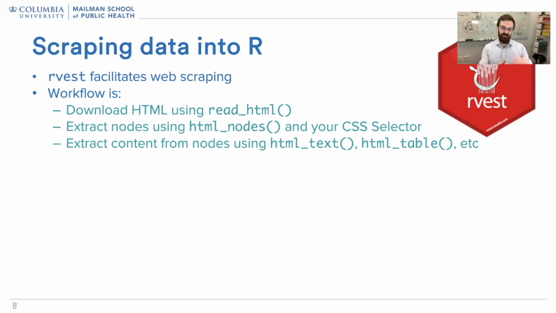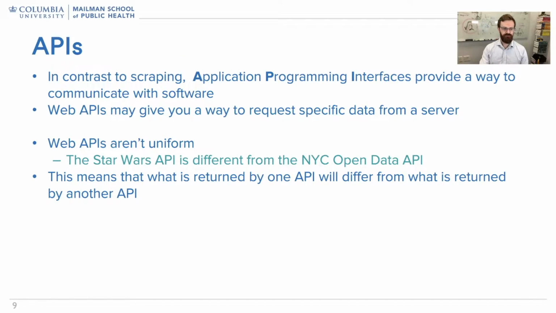Once you have your HTML and the nodes you care about, you extract content from those nodes using a function that will convert HTML to text, or HTML to a table, or something else. If everything goes smoothly, fingers crossed, you've got stuff that starts to look like data you can use. We'll see this in action in the screencast.